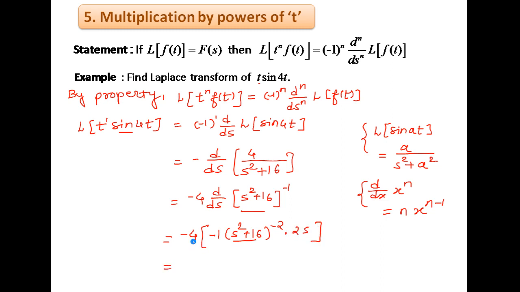And now minus 4 into 2s is minus 8s, and this minus will be plus, so here it is 8s upon, writing this term in the denominator, (s square plus 16) bracket square because its power is negative. So this is our final answer. I hope you understand how to use the property.